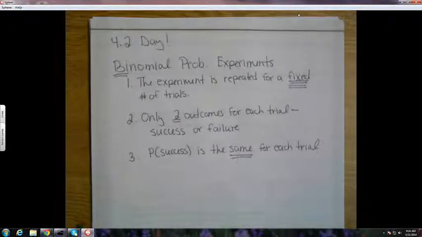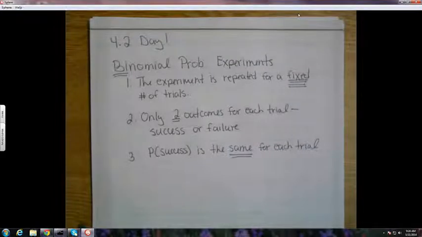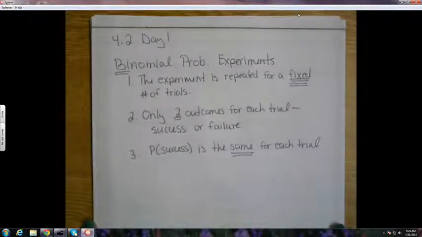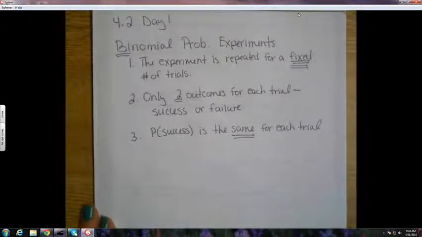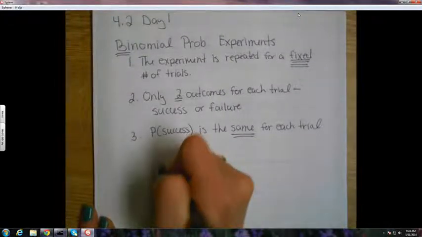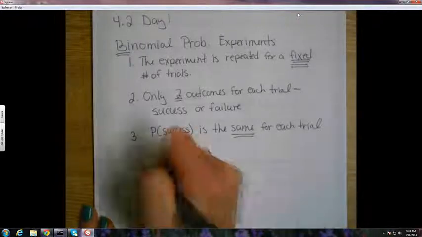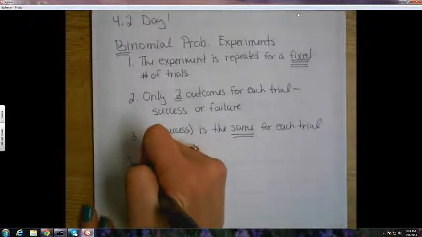Okay, there's going to be a formula that we're going to use to find probabilities later on, and we need to identify four things in our binomial experiment, and we'll label them. The variables for this, we'll call them variables.